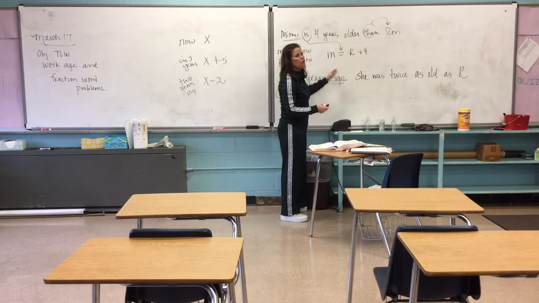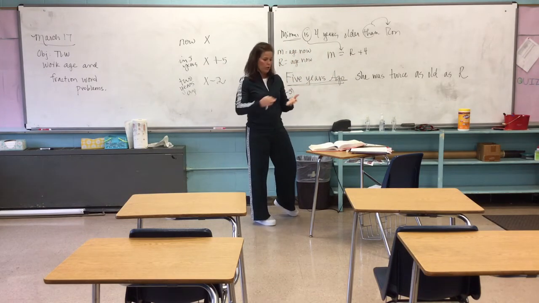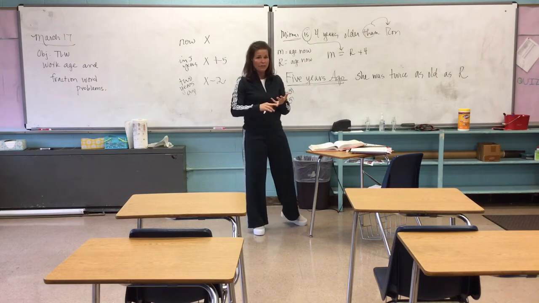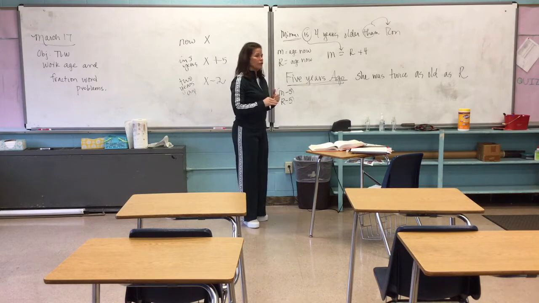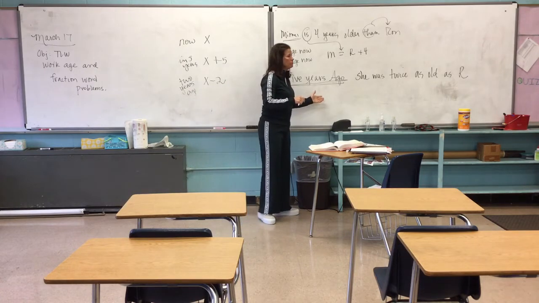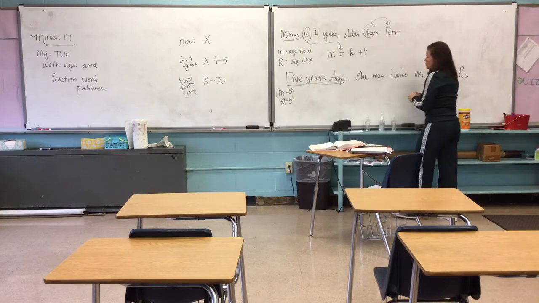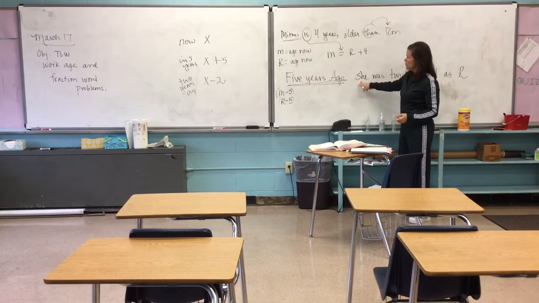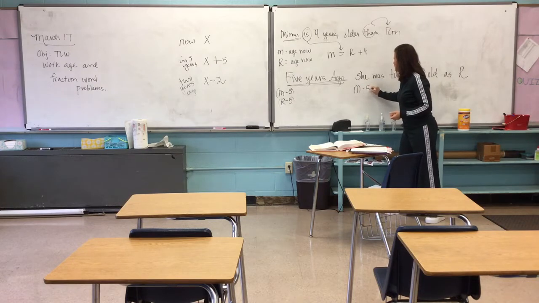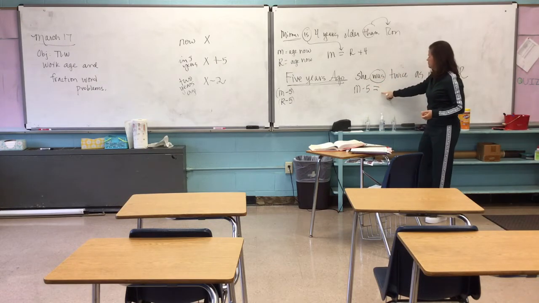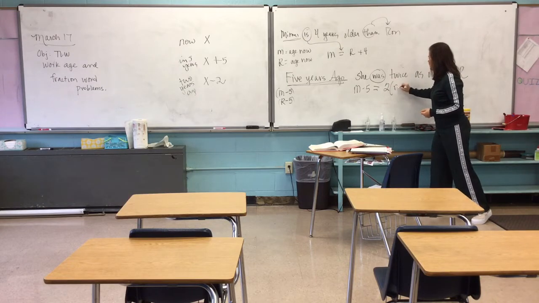It has two variables, so I'm going to need another equation that has two variables so that I can use substitution, elimination, or if you're in the mood, graphing, to solve and find my answer to what they're asking for. So 5 years ago, she was twice as old as Ronald. So she, which would be Mimi, 5 years ago, M minus 5, was, put your equal sign, twice Ron, twice R minus 5.